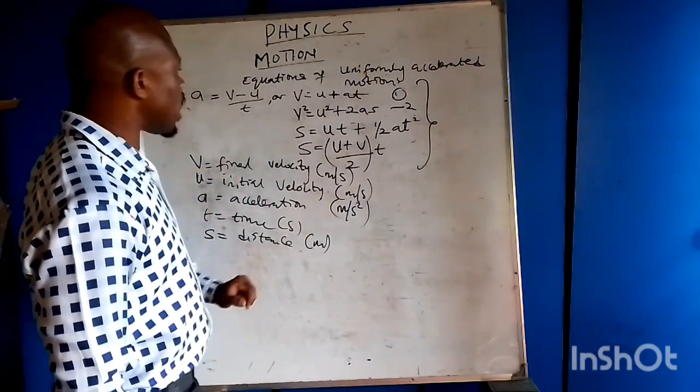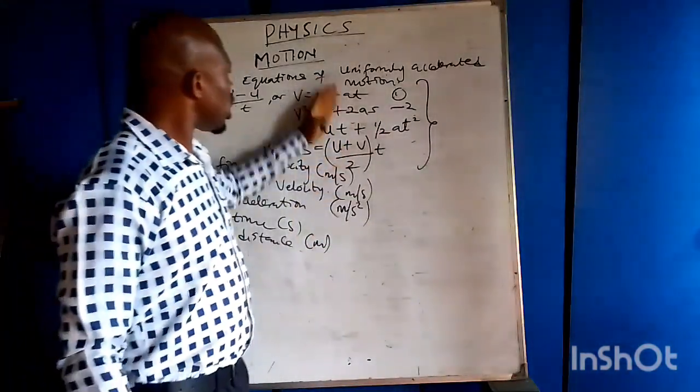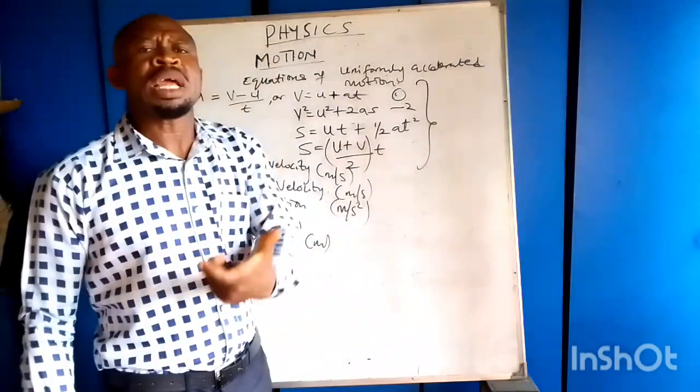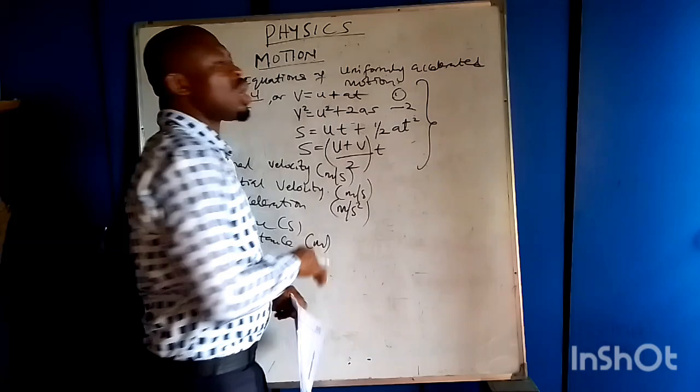Having explained all these things, let us look at the conditions to use each of these, because most times students get confused as to when to use each of these equations.